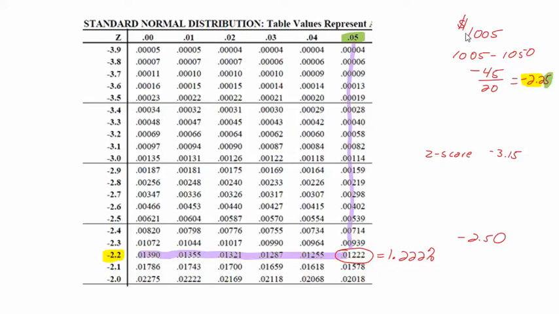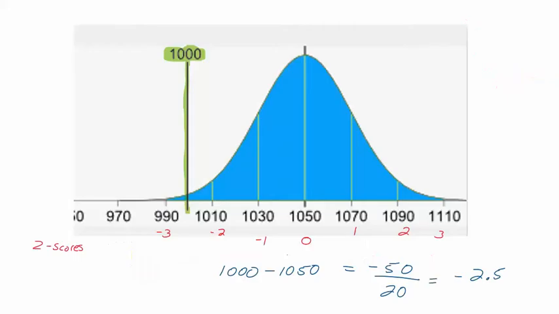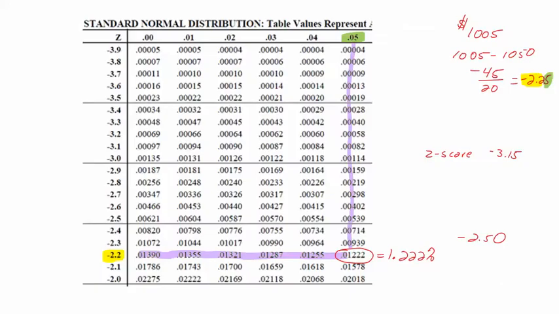But ours was $1,000, right? And back here to our problem, our z-score was negative 2.5. Negative 2.5 has no hundredths, so it's negative 2.50, and that's right here. That's the number we want, which is 0.00621. Let's write that over here.